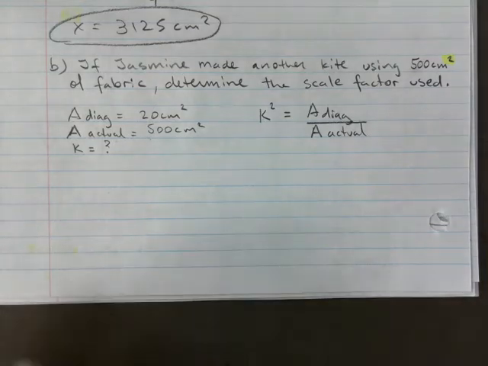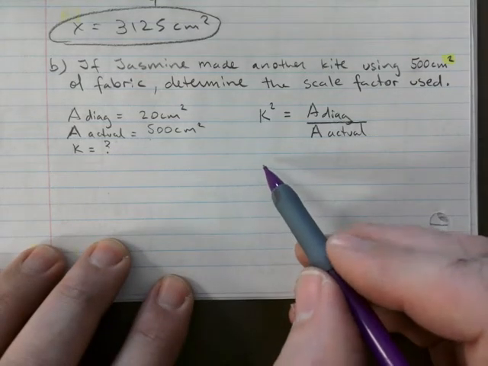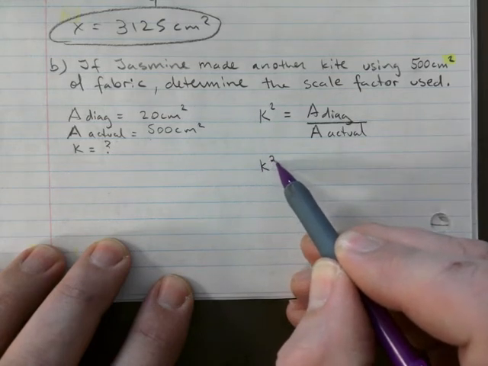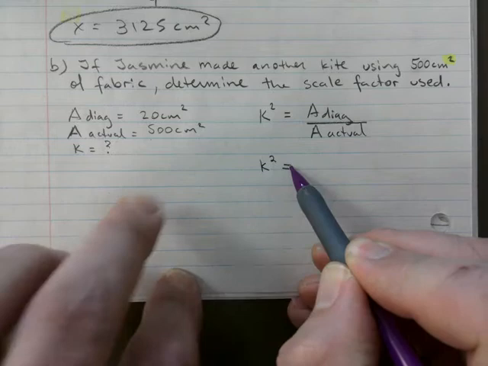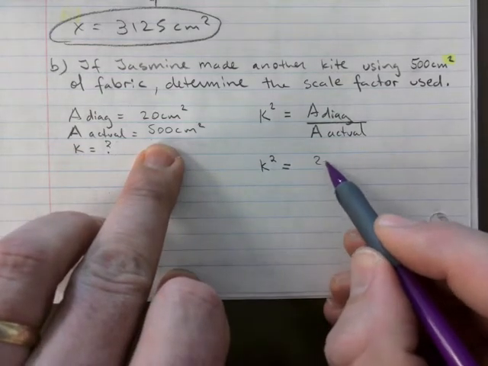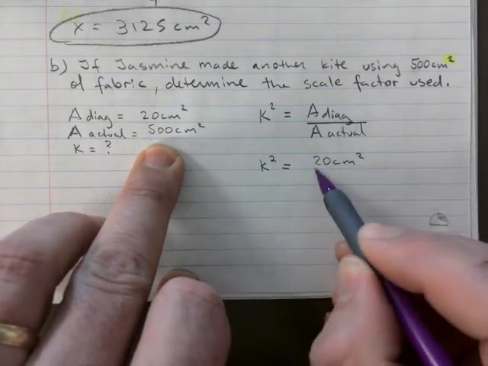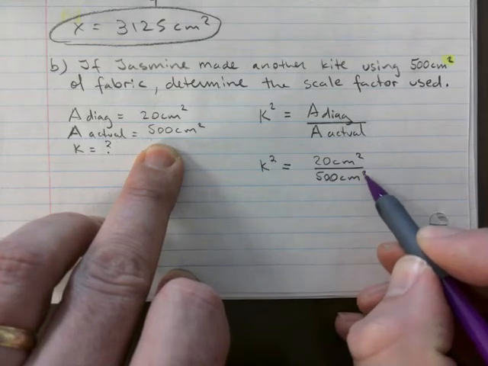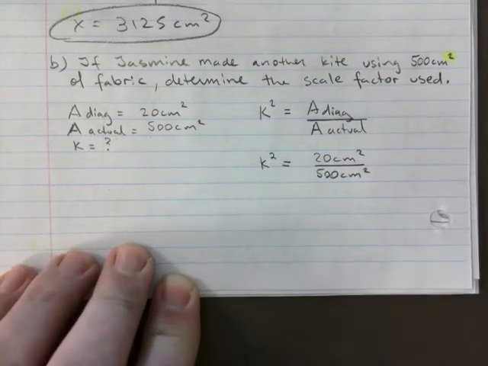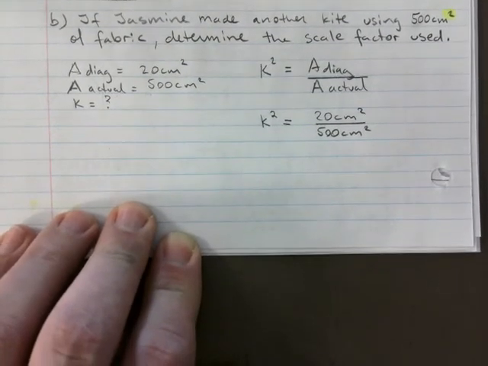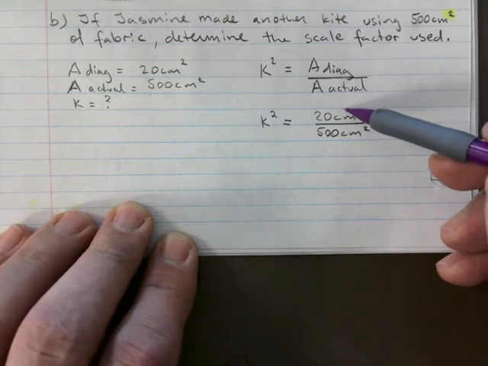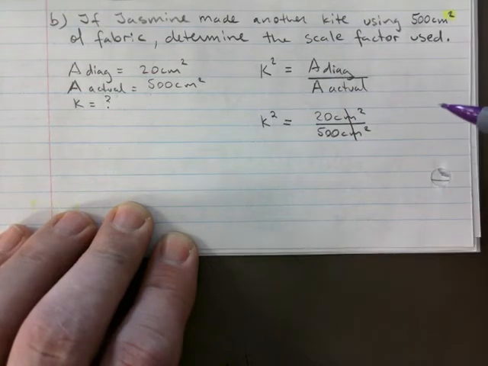So here's where it gets a little interesting. You still write down k squared, don't drop it just yet. Diagram is 20 centimeters squared. Actual is 500 centimeters squared. And so the units cancel out just nicely. That's exactly what you want.